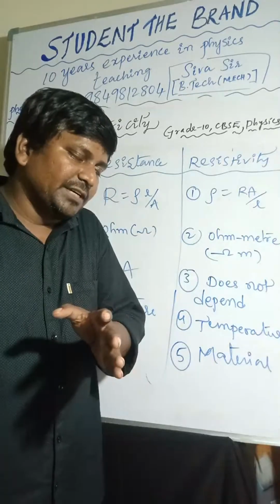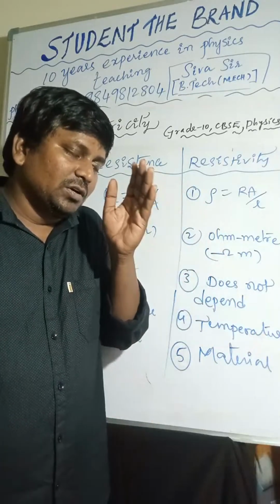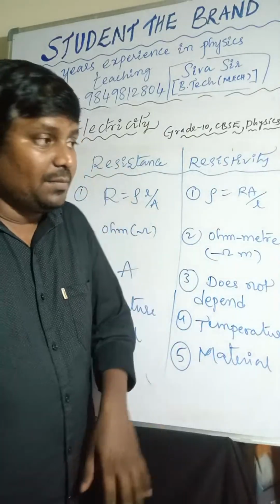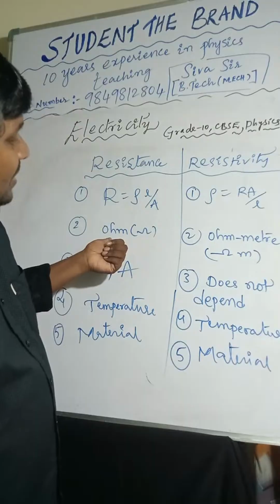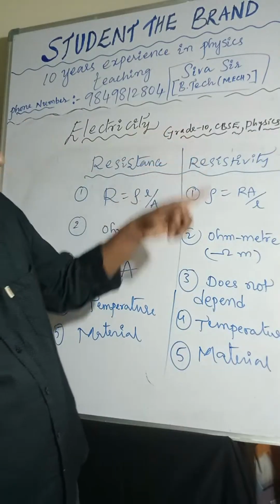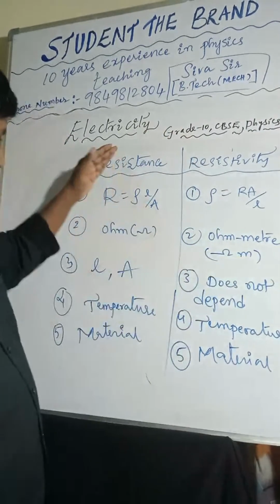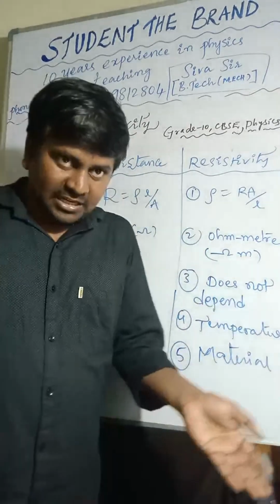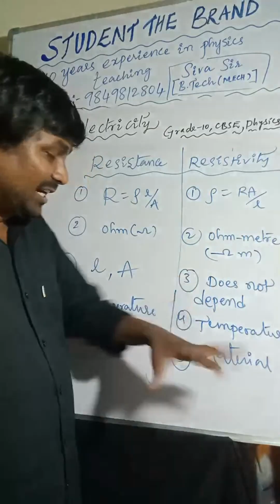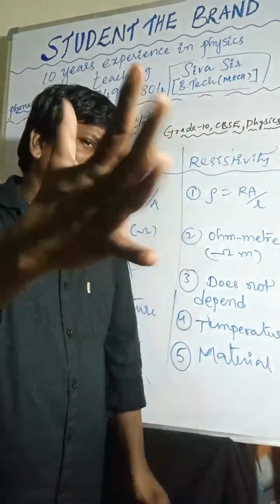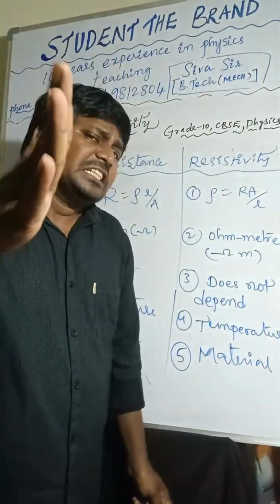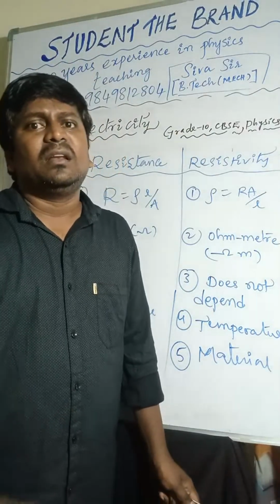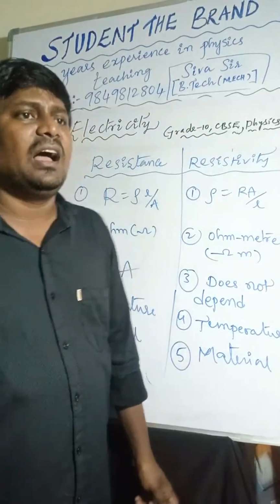Resistance, resistivity: R equal to rho into L by A, rho equal to RA by L. SI unit of resistance is ohm, SI unit of resistivity is ohm meter. Resistance depends on length and area, on physical dimensions; resistivity does not depend on length and area.